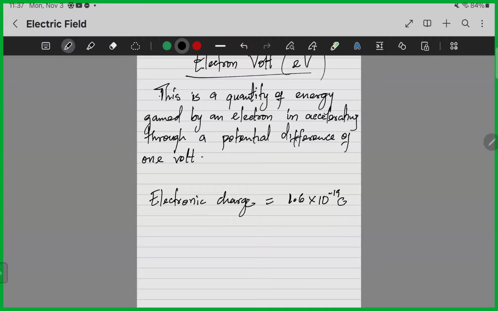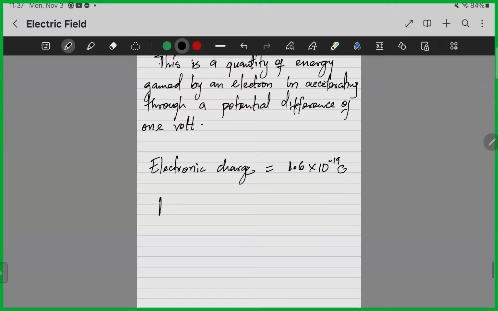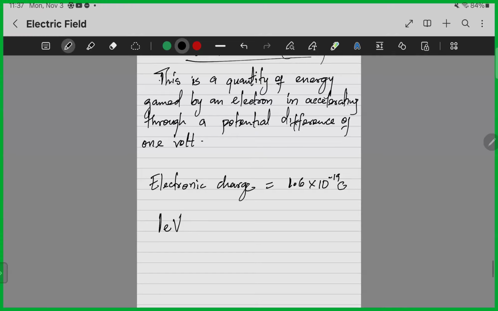So when you say 1 electron volt, it is telling you that this is actually 1.6 times 10 raised to minus 19 coulomb times 1 volt. The concept here is that it is the quantity of energy that has to do with 1 volt potential difference.